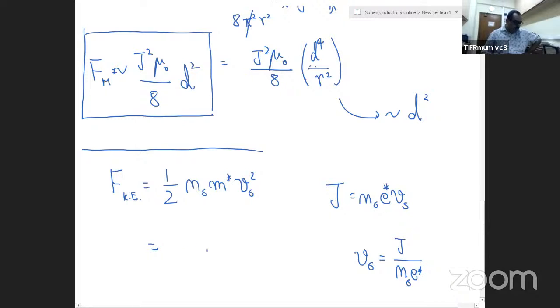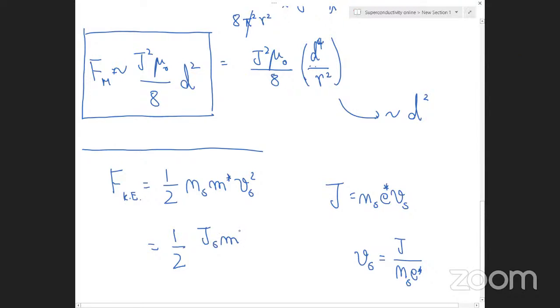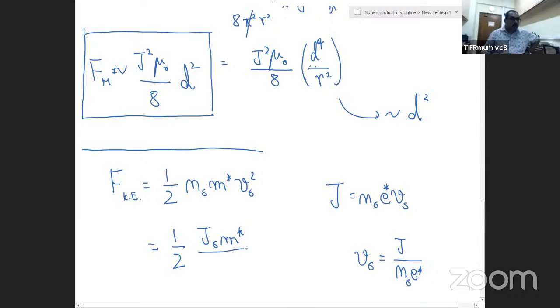So therefore, this quantity will become half of Js m star divided by ns e star square.